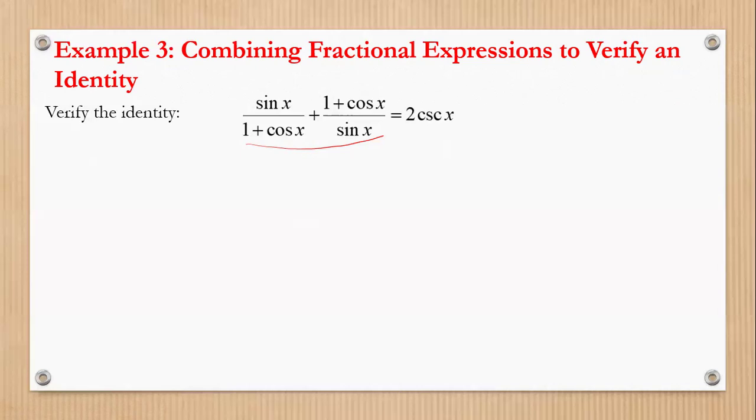My first denominator is 1 plus cosine, and since there is an addition in it, you always keep it in parentheses, because whenever you have add or subtract in the numerator or denominator, you cannot cancel anything.